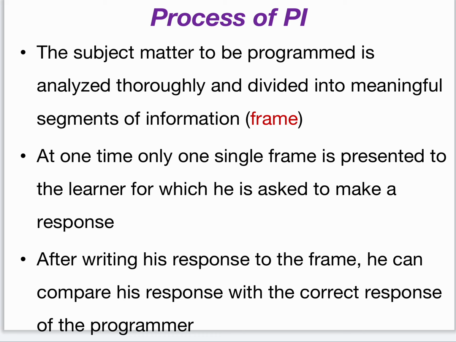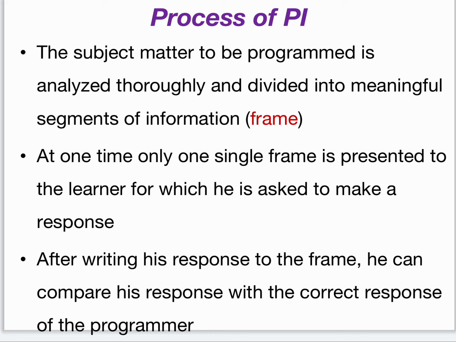Through this analysis, we'll be dividing the content into small steps, and each step is known as a frame. At one time only one single frame is presented to the learner, for which he is asked to make a response. So we have divided the entire program into different steps.